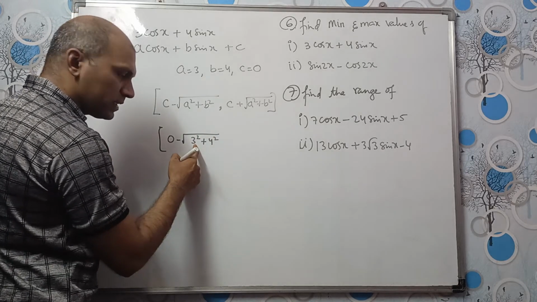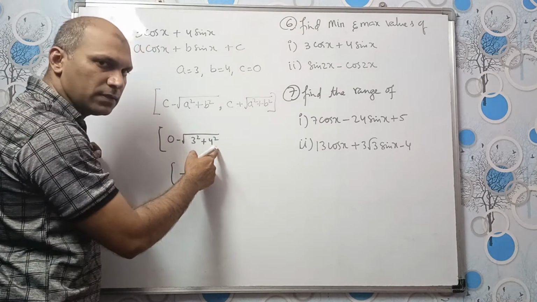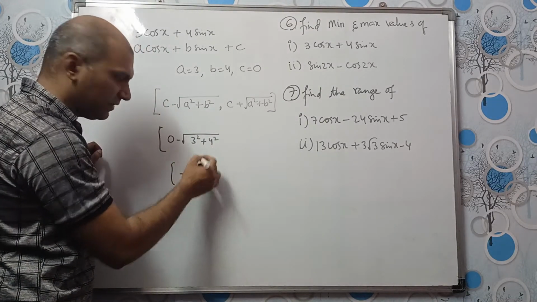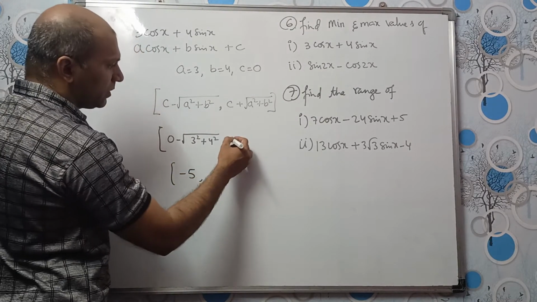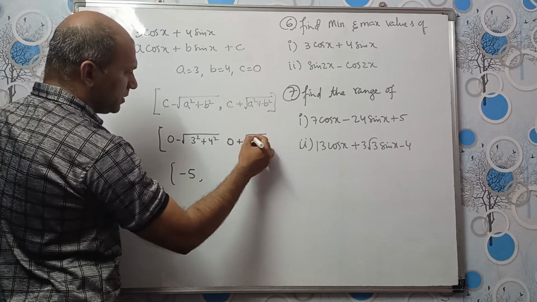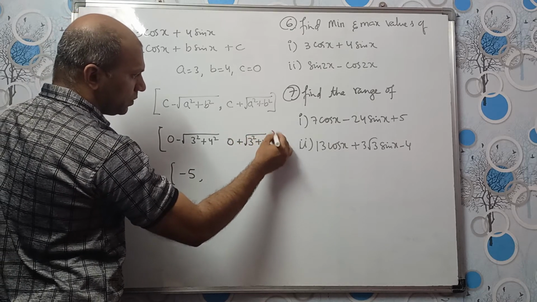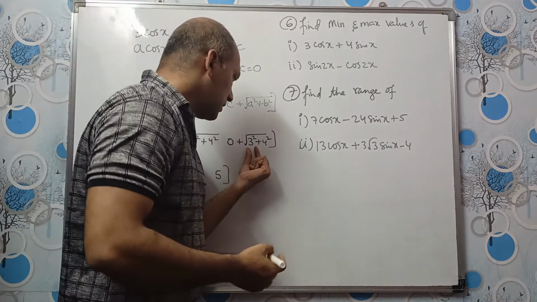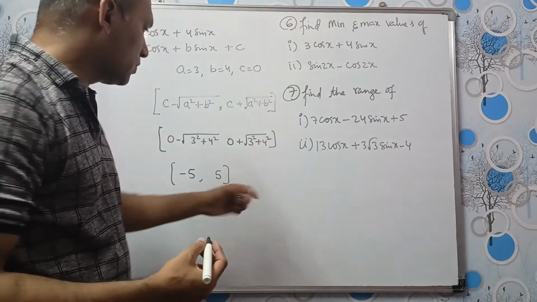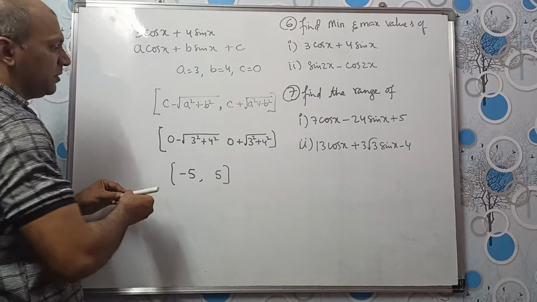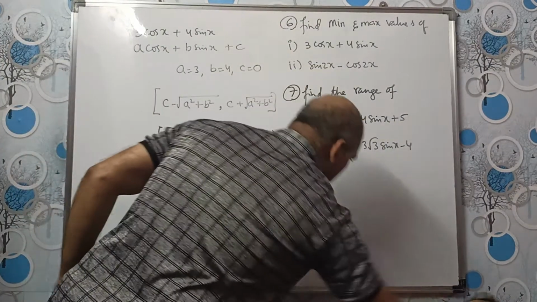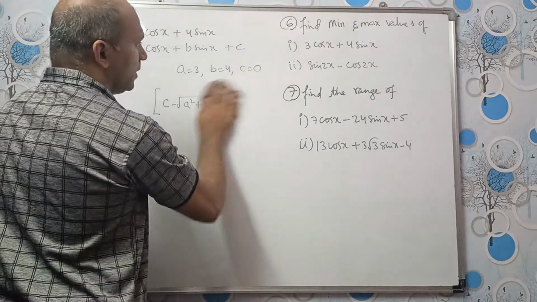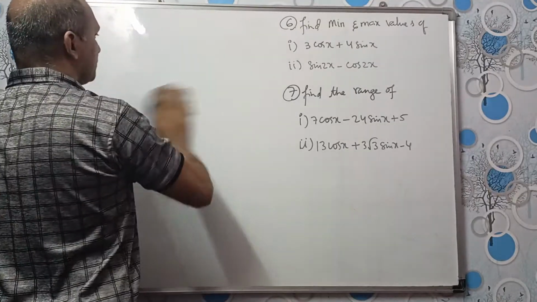Minus, 3 square is 9, 4 square is 16. 9 and 16 is root 25. Root 25 is 5. And this will be plus 5. So minimum and maximum values are minus 5 and 5. Okay, so first bit is done.